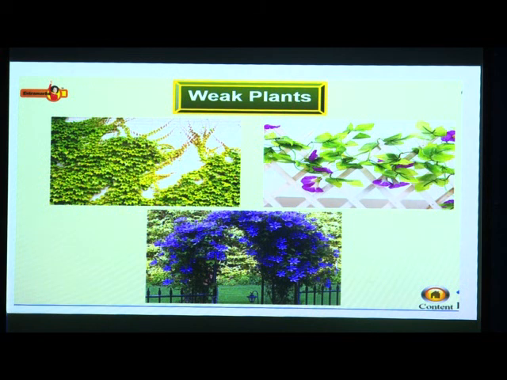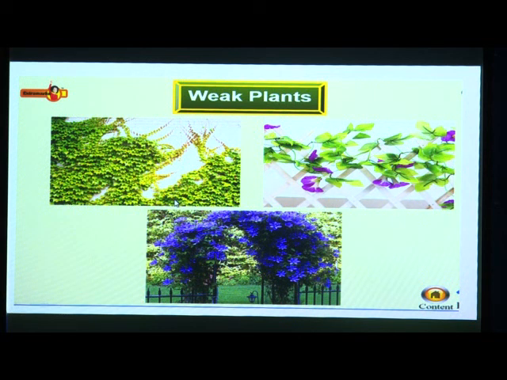You can also see weak plants. Besides this, there is a category of plants called creepers and climbers. Those are called weak plants. It does not mean they cannot grow, it means they have a very weak stem. Creepers and climbers are plants with a weak stem.